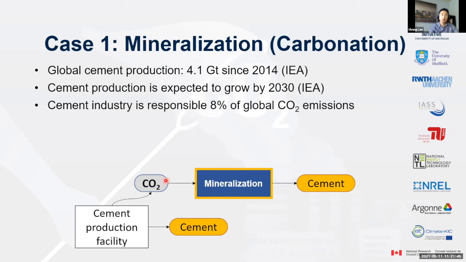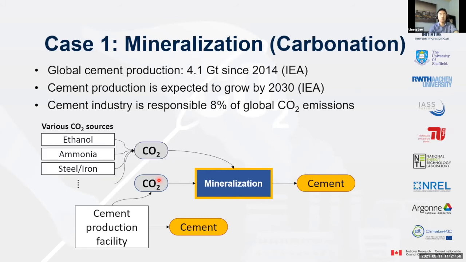But other than the CO2 from the cement production facility, we are able to capture CO2 from various CO2 sources. For example, ethanol and ammonia generate high purity CO2, and the steel and iron industry generates CO2 as well.